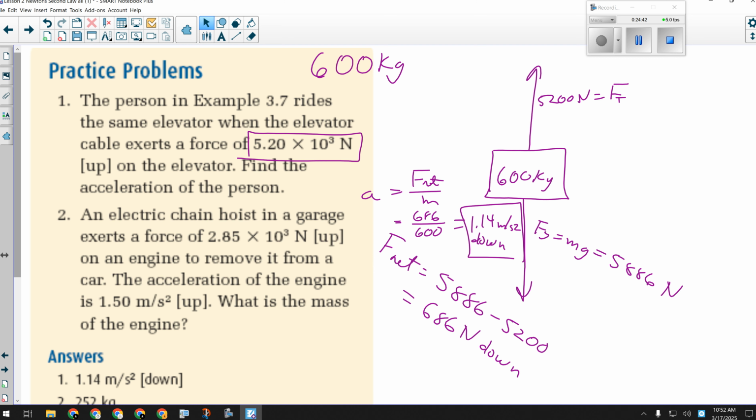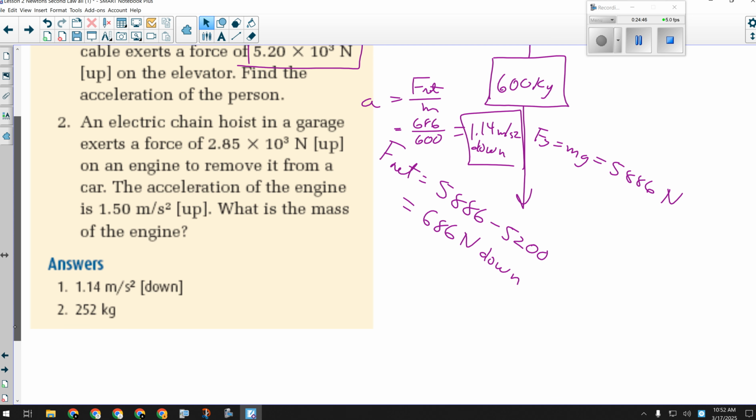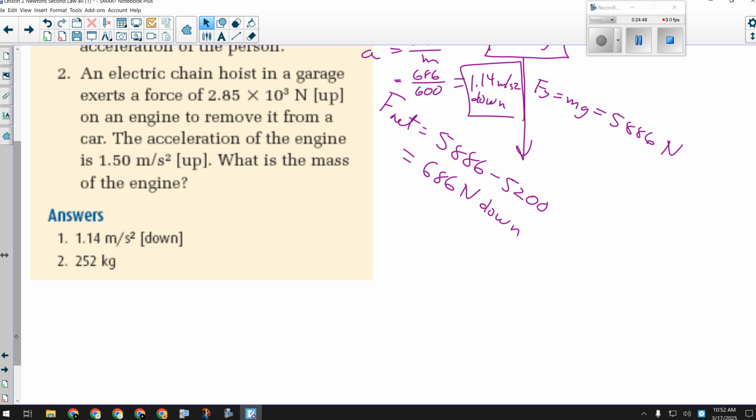I want to look at a relationship here that's kind of important. If I'm looking at that question, what I said was F net equals the force tension plus the force of gravity. The other way to look at this is how would I calculate these forces?